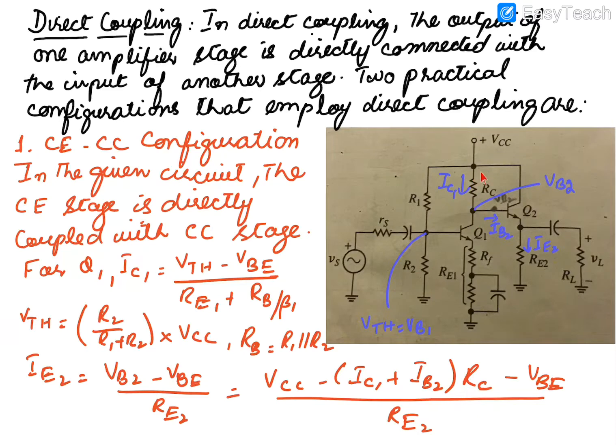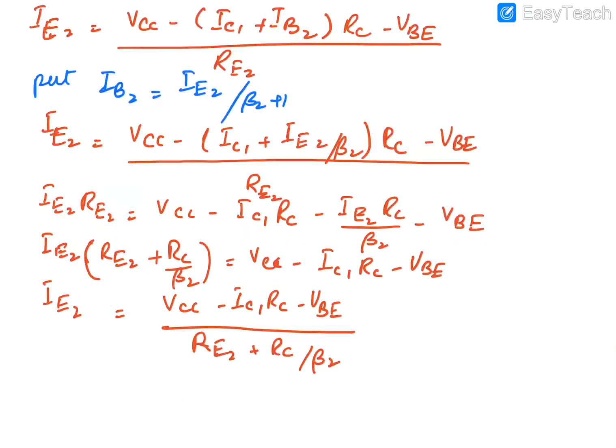Through RC two currents are flowing, IC1 and IB2. So VCC minus RC multiplied by IC1 plus IB2, minus VBE, divided by RE2 is equal to IE2. So through RC are flowing two currents: one is the base current of Q2 and one is the collector current IC1 of the first stage.